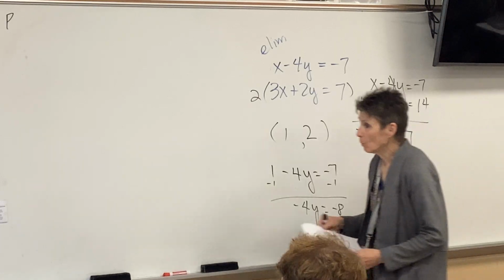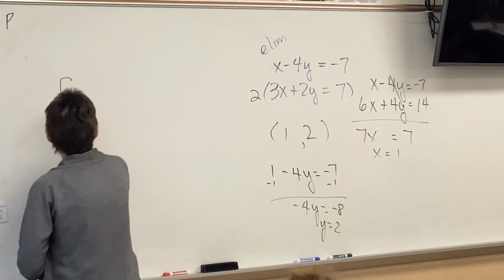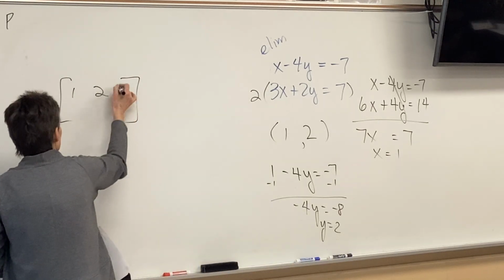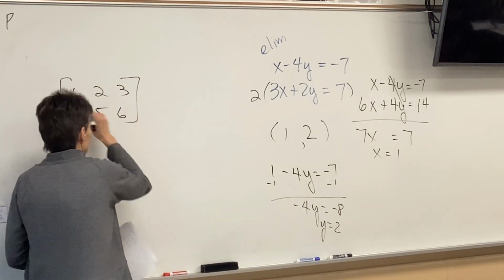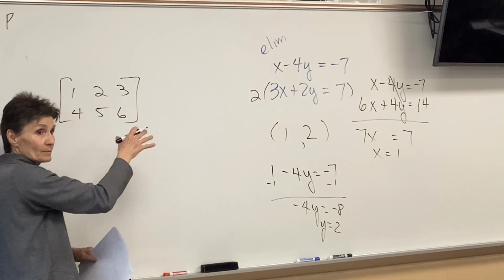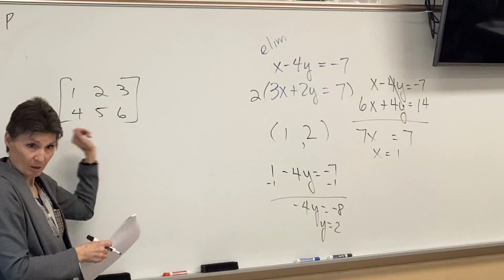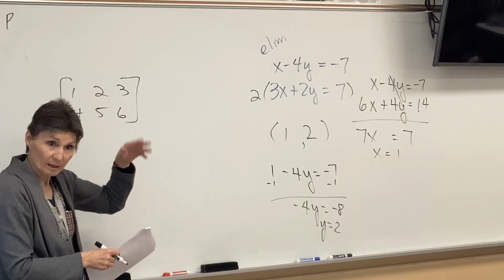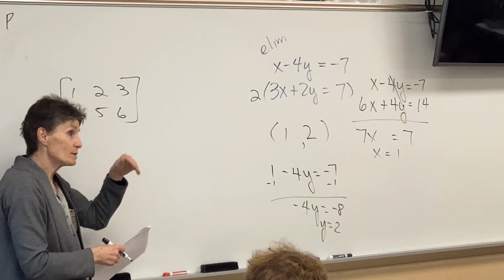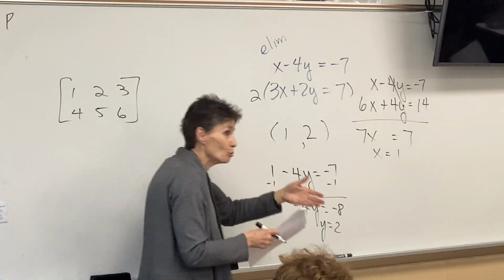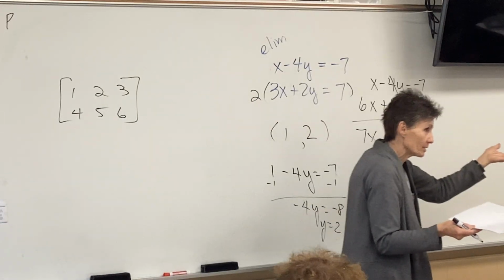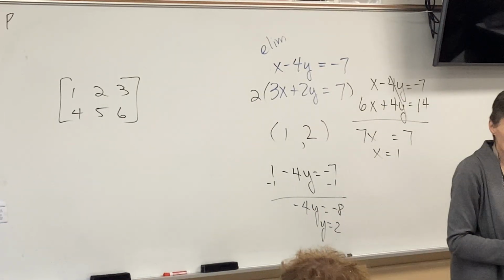So remember the one I had on the board yesterday? I don't remember the exact numbers, but I think it was a 2 by 3. That is not square because it has 2 rows and 3 columns. If the rows and columns match, like 2 by 2, then it's called a square. So what is a square matrix?